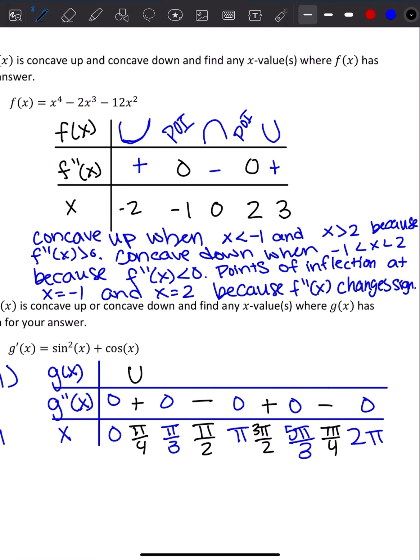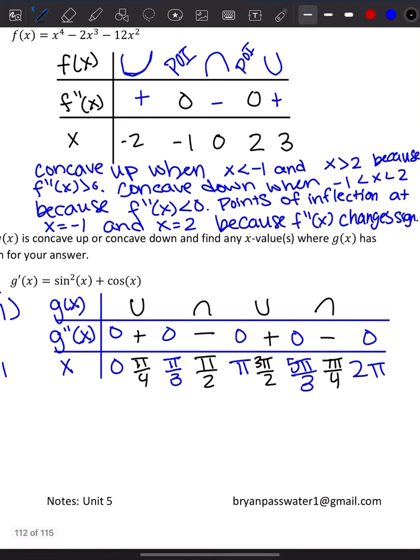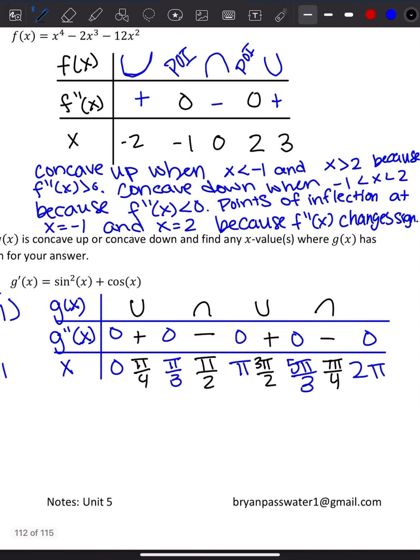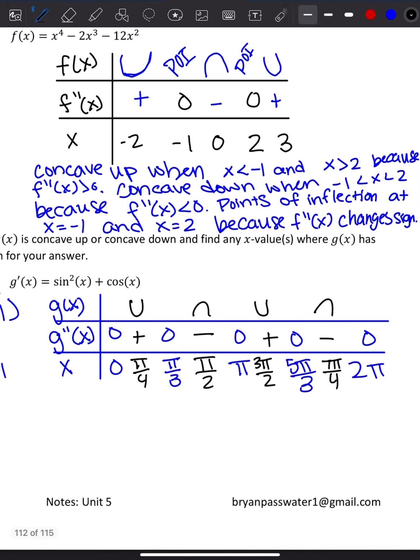So we know we are concave up, down, up, down. So we are going to be concave up when we are between 0 and pi over 3, and when we are between pi and 5 pi over 3.